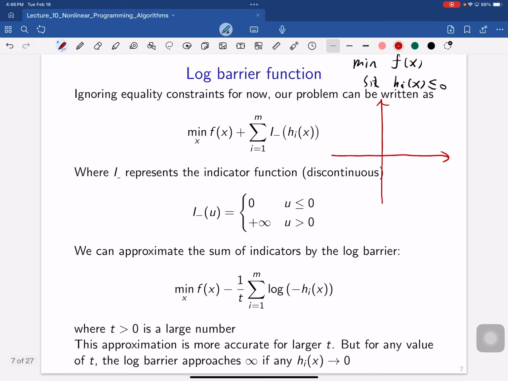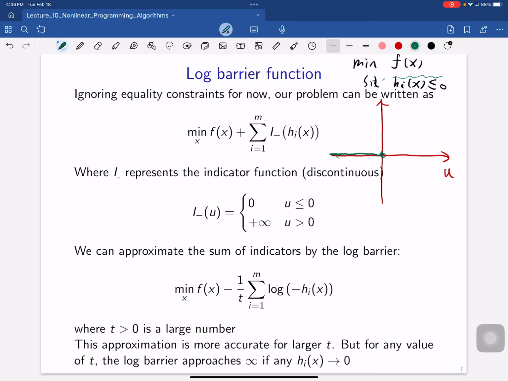When u is less than or equal to 0, the indicator function is 0. And as soon as u is greater than 0, let's say this is the origin, it quickly jumps to plus infinity.